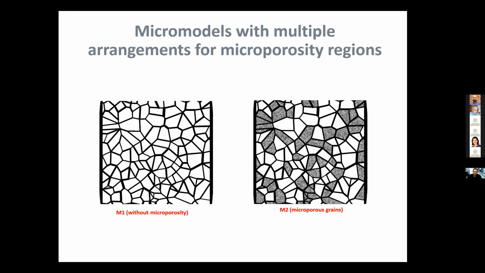Here you can see some structures produced to analyze the two-scale micromodels. You can see here one case that is very important, which considers microporous grains in the system.